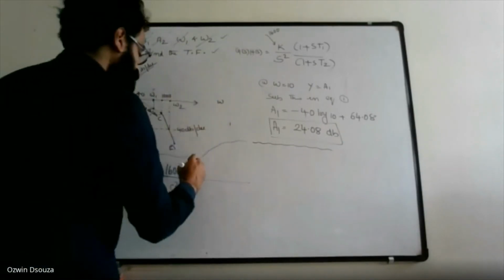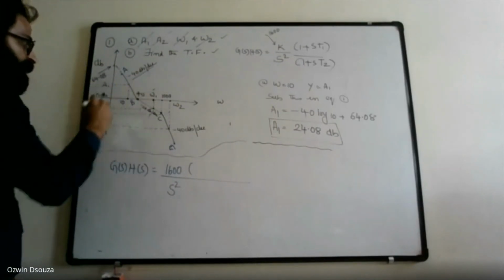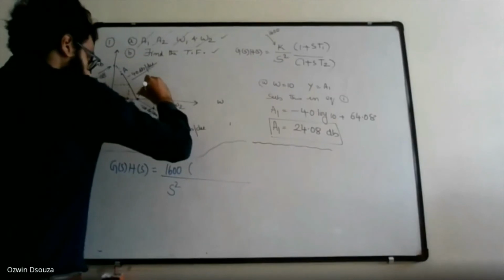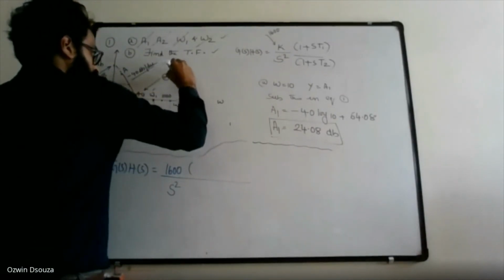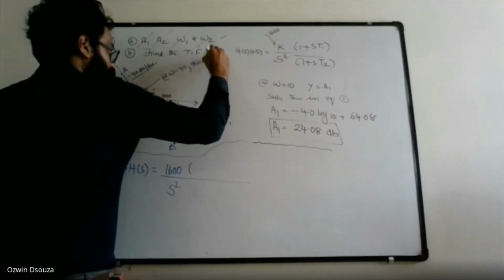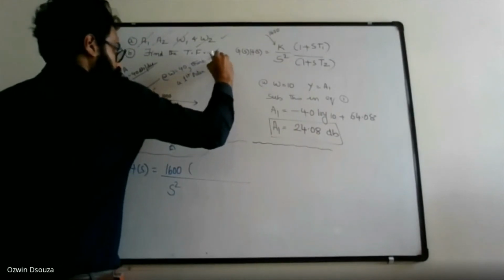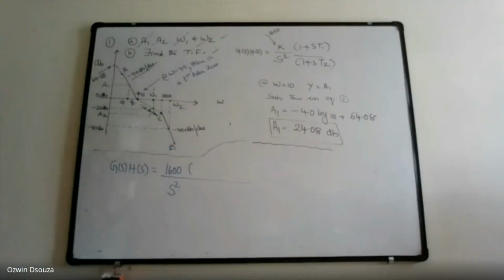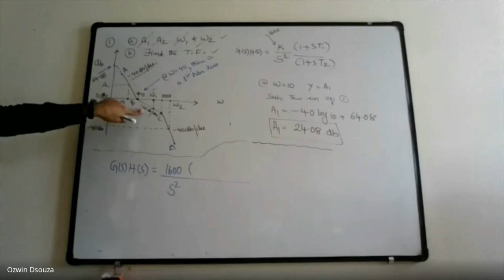And in the numerator, we have found that there is a zero coming into the picture at omega equal to 40. So at omega equal to 40, there is a first order zero. Why at omega equal to 40 is there a first order zero? That's because at omega equal to 40, the slope changes to minus 20 decibel per decade.